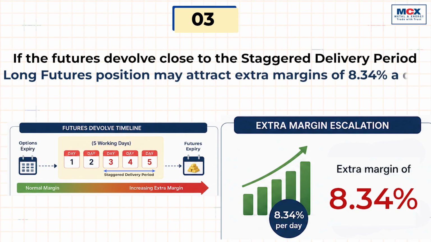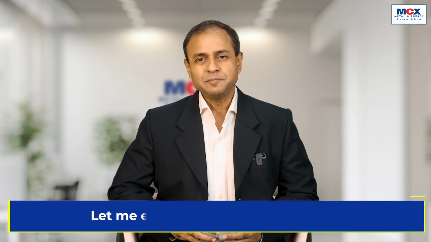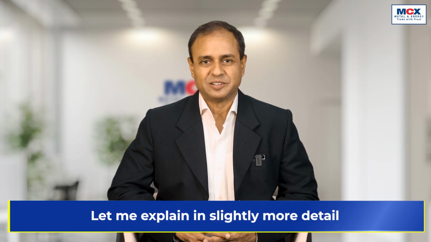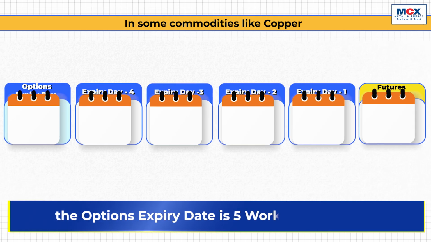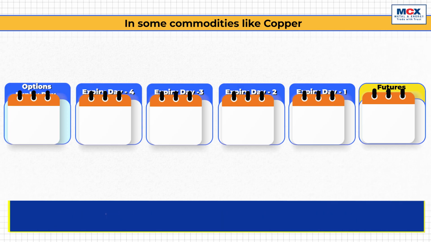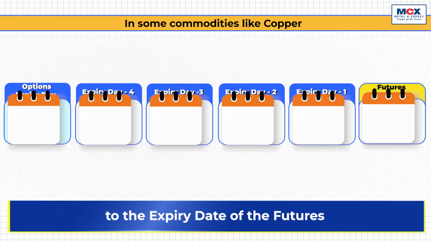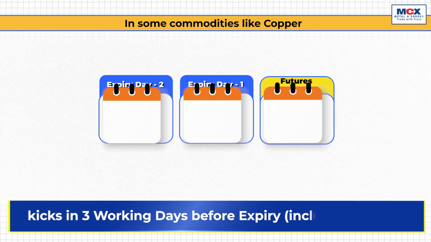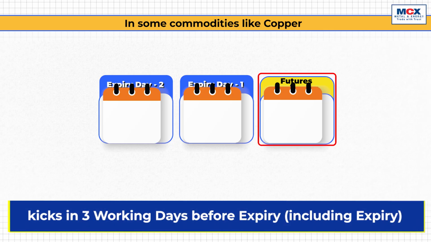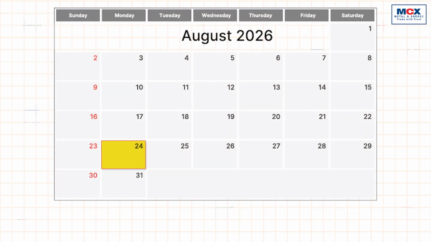of 8.34% a day. Let me explain in slightly more detail. In some commodities like copper, the option's expiry date is 5 working days prior to the expiry date of the futures, and the staggered delivery period kicks in 3 working days before expiry, including expiry. To take an example, August 24, 2026 is the options expiry.